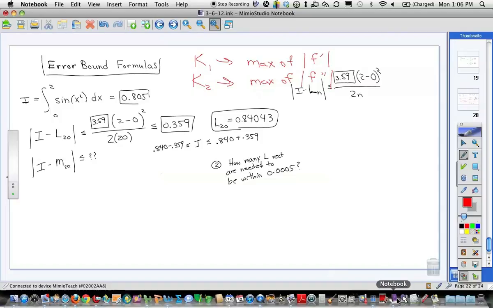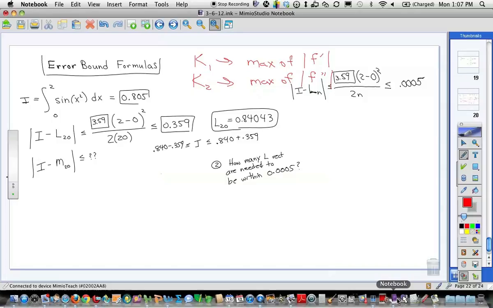But we want that to be less than or equal to 0.0005. Correct? All we have to do is solve this inequality right here. Now, we'll go ahead and do it on the calculator. We'll use the solve on the calculator, and I'm fine with that. I want you to write this out, then you can use the calculator to solve it.